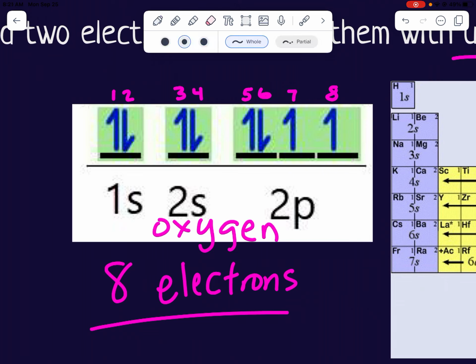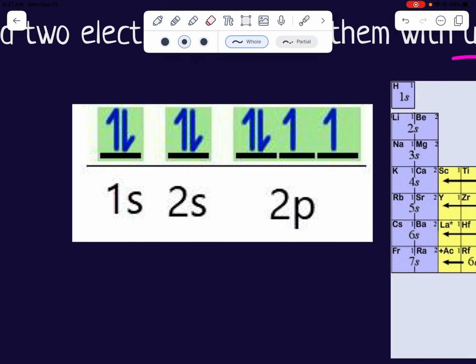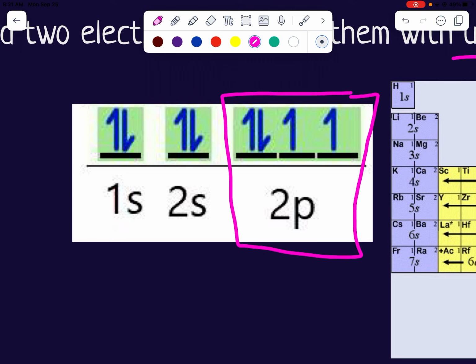Now, the other way that we could figure out what element it is is by only looking at the upper energy sublevel. I'm going to circle that in pink. The highest energy sublevel is 2p. Count the electrons in 2p: 1, 2, 3, 4. So we've got 2p with 4 electrons in it.